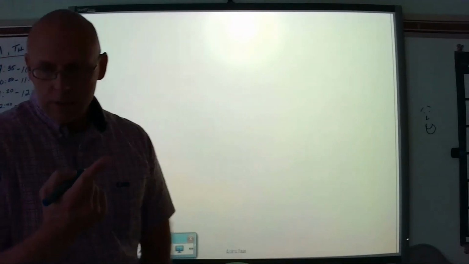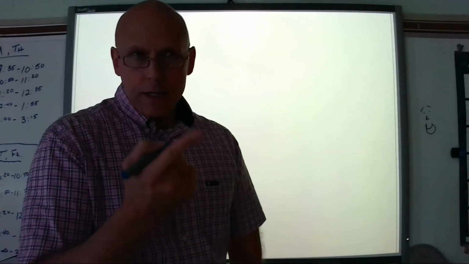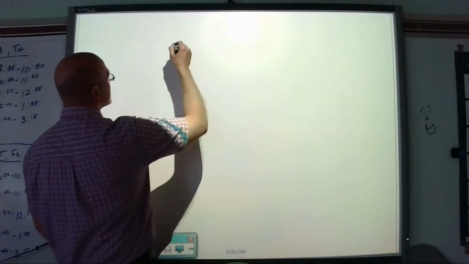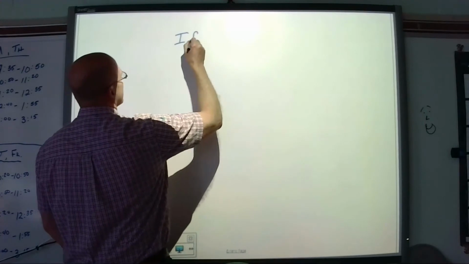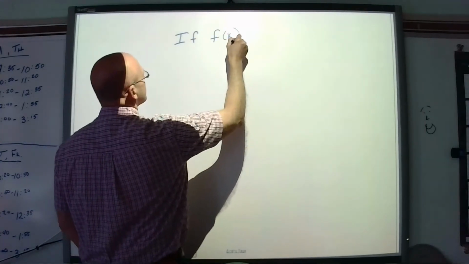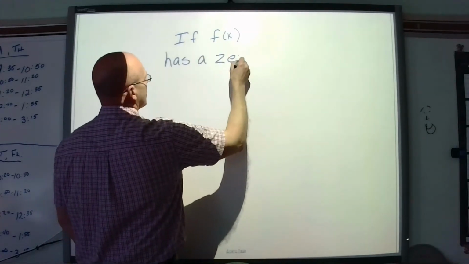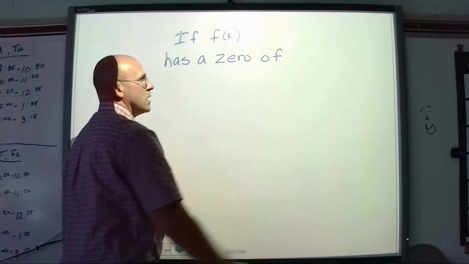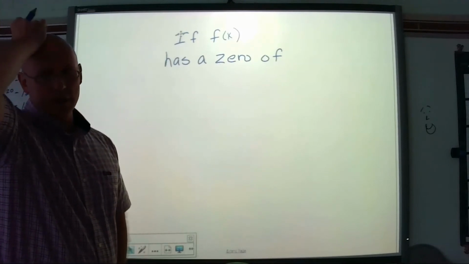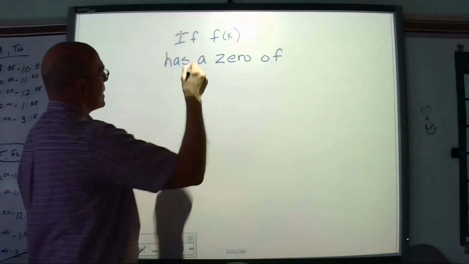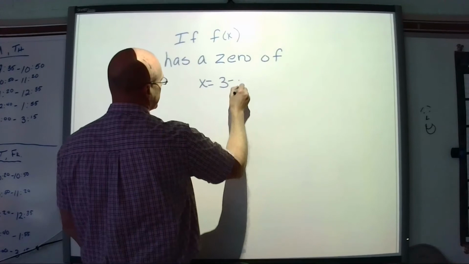What if I told you the following? If f of x has a zero of, let's see, what do I want it to be here? How about x equals 3 minus radical 5?